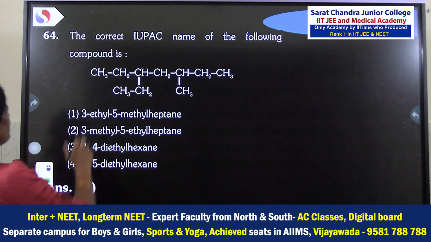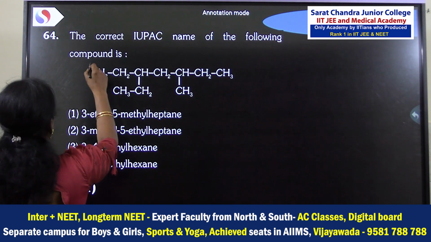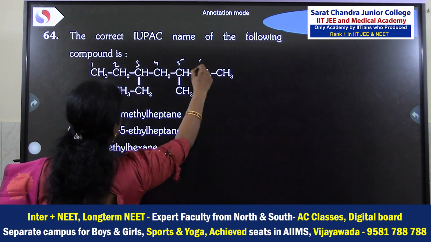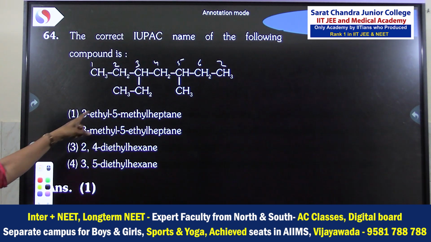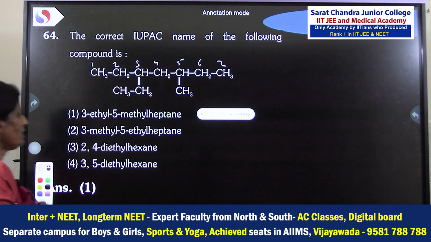Therefore the correct numbering is from left to right, 1, 2, 3, 4, 5, 6, 7. So the correct IUPAC name is 3-ethyl-5-methylheptane. The first option is the correct one.